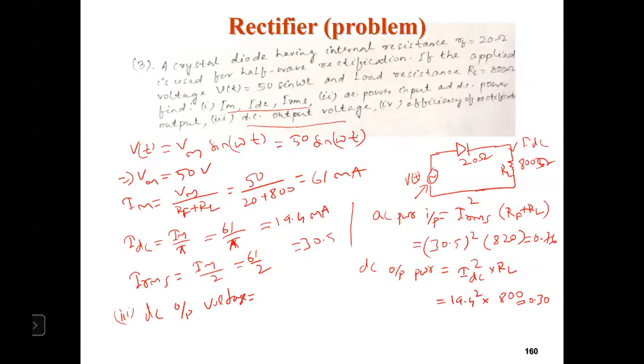So it will be equal to IDC into RL. Put this value 19.4 into RL, which is 800.